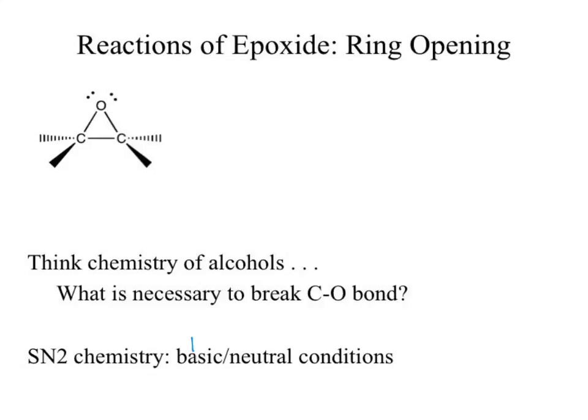Under our basic conditions, this is where I would say our SN2, in kind of quotes. And what I'm thinking of in the SN2 basic, it's not so much our backside attack, but what we're looking at is least sterics. If we're under neutral conditions, this is where I would consider something neutral to acidic conditions, I should say.